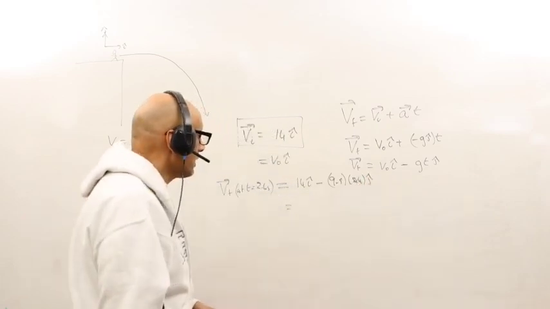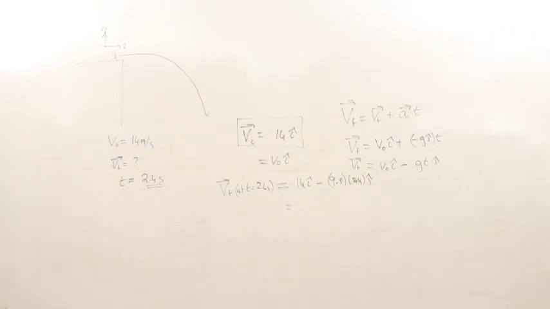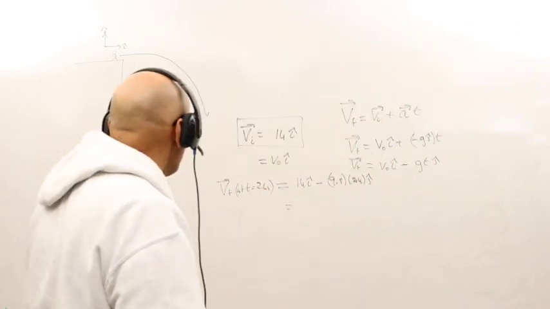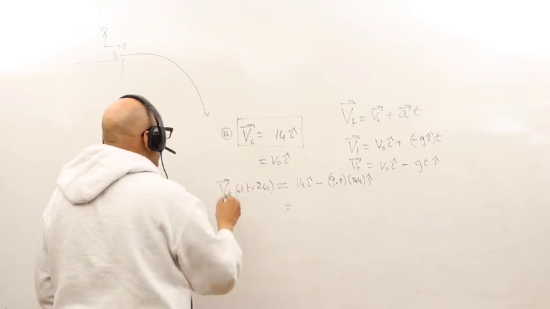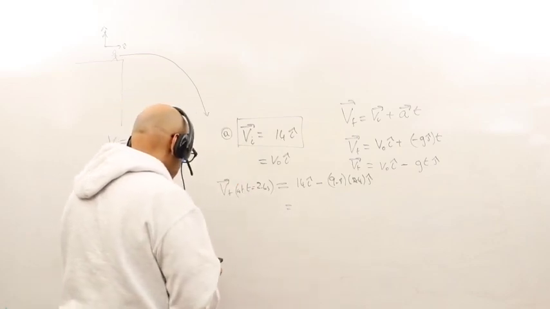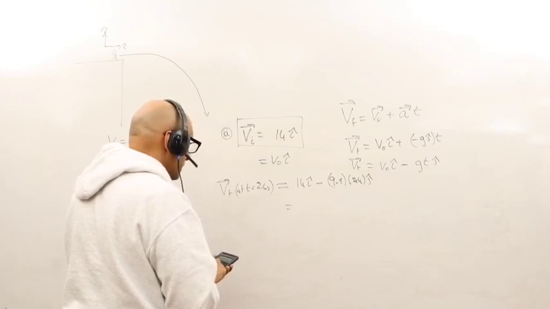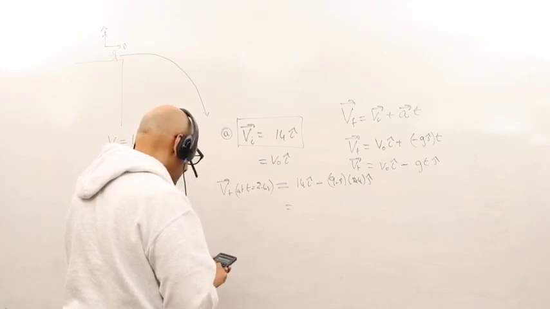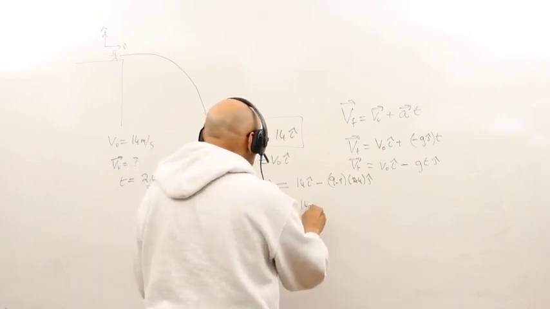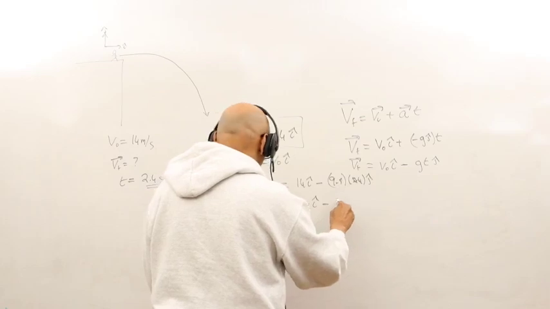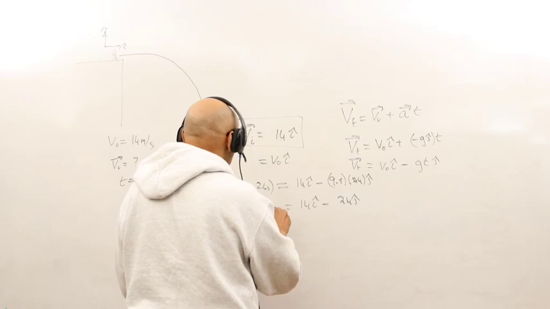So bring out your calculator. So the initial velocity is part A. So this is going to be 9.8 multiplied by 2.4 equals 23.52, or 14 I hat minus 24 j hat. Two significant digits is the answer.